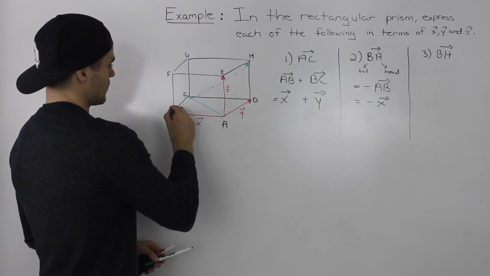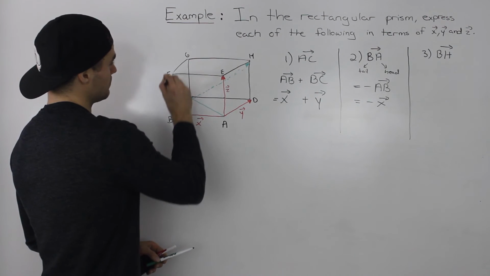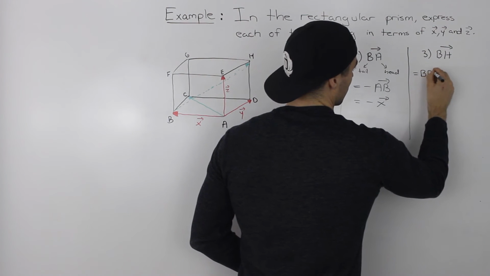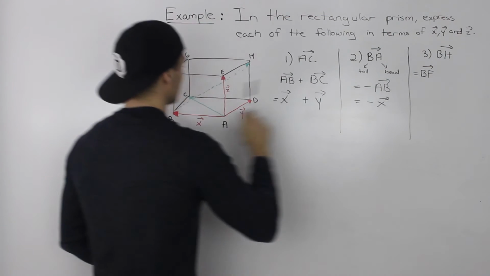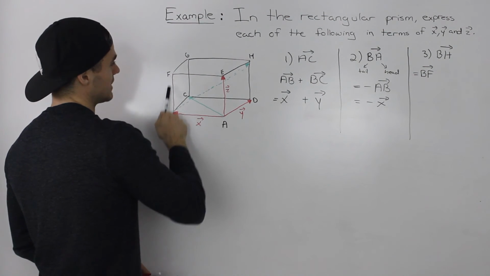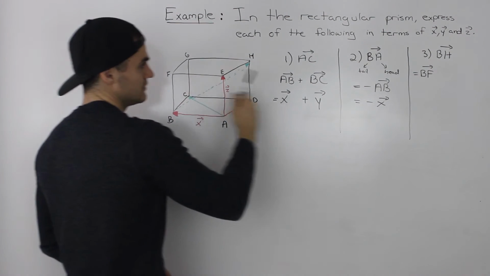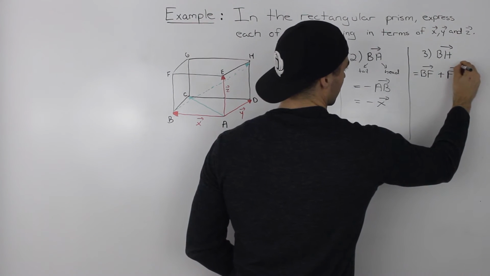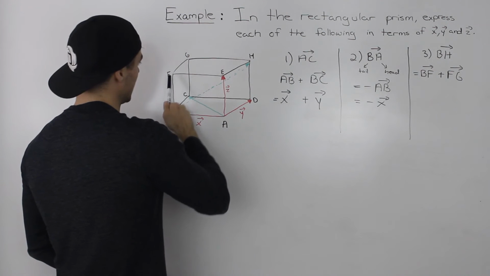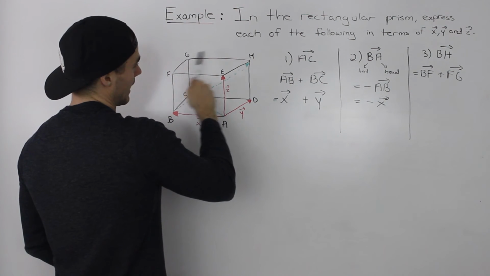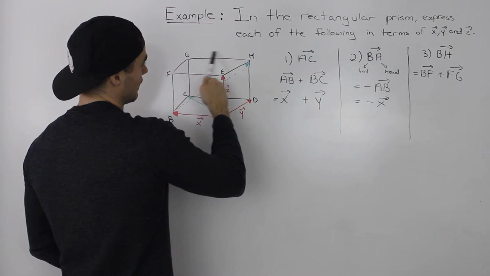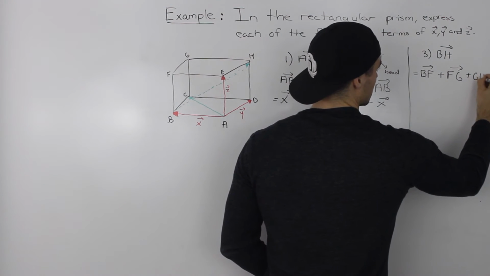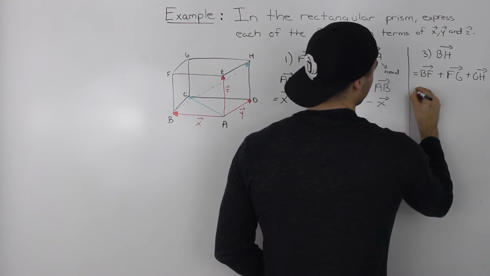Well, let's say that we go from B to F first. So let's say we take vector BF. To vector BF, we add vector FG. Alright, so far we got B to F and then F to G. And then to get to H, we would have to add a vector GH. So this would be GH right here.